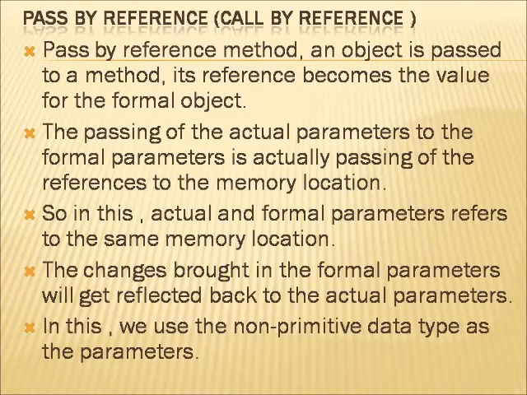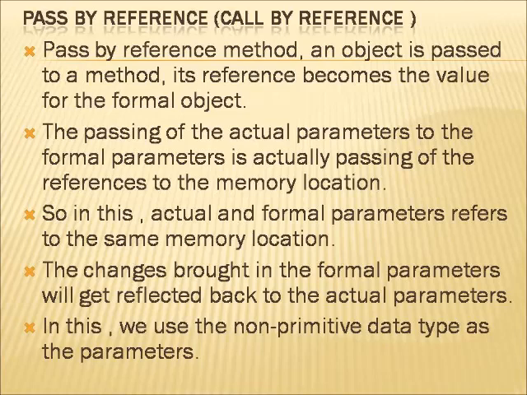When you compare this with pass by value, in pass by value a copy of the actual parameter is sent. But in pass by reference, a memory location reference is sent to the formal parameter. So both formal and actual parameters refer to the same memory location. Because of that, the changes made in the formal parameters get reflected back to the actual parameters.